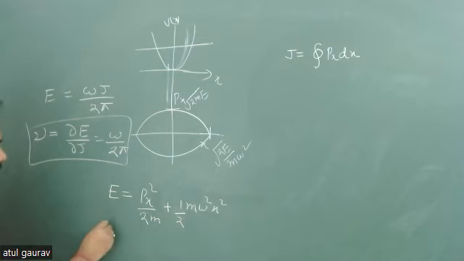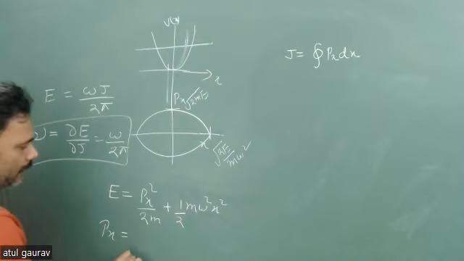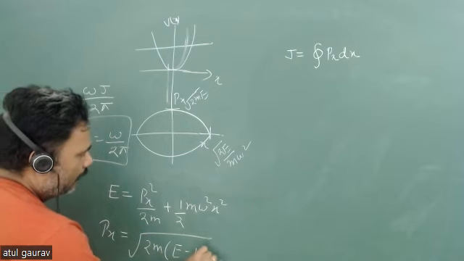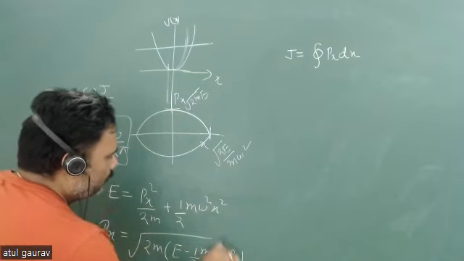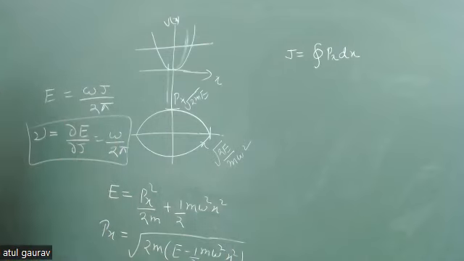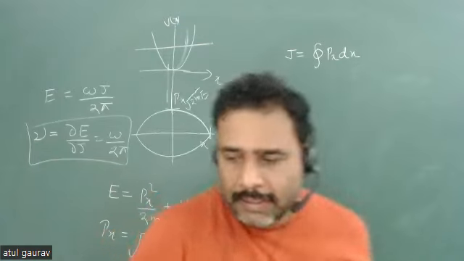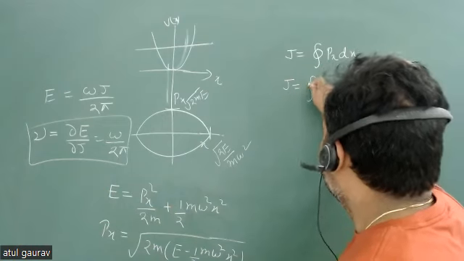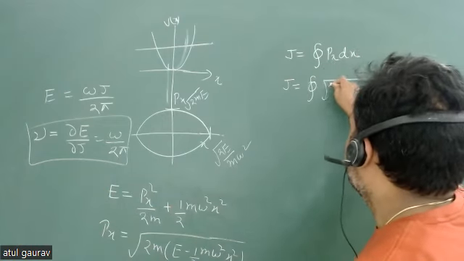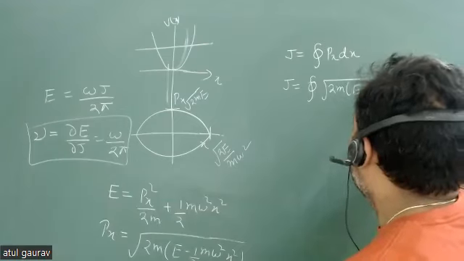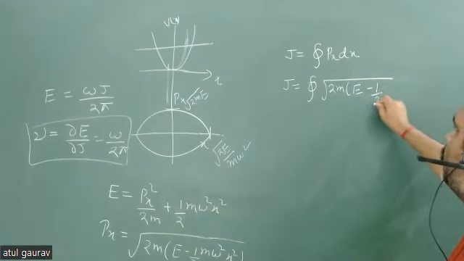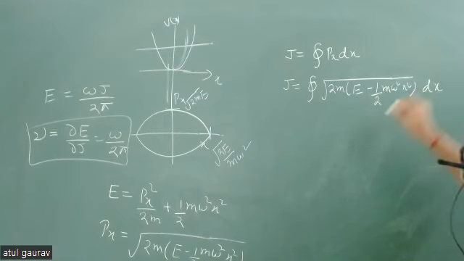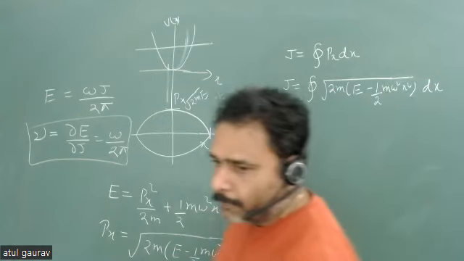So here we can easily write my value of px, and this value is root of 2m into E minus half m omega square x square. Okay. Now, when we go for this integration, we have to calculate 2m times E minus the potential energy, and the potential energy is half m omega square x square, into dx. So this is our J value.